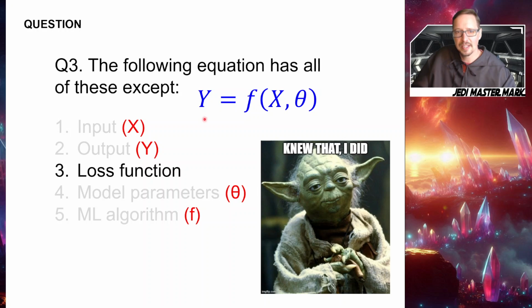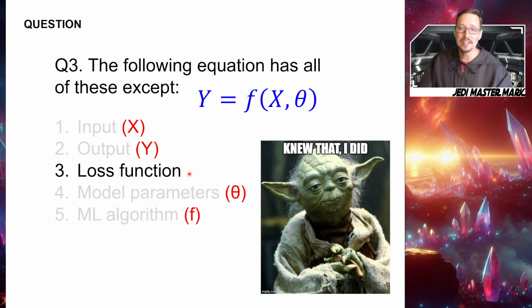Yeah, and so again, our inputs are our x's, outputs are y, the model parameters are theta, the machine learning algorithm itself is this function. And what doesn't show up, though, is a loss function. So once you've optimized everything, you now have the optimal model parameters. You have your machine learning algorithm, obviously. You've used your training inputs and outputs.